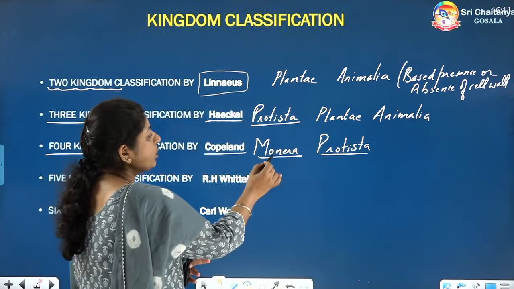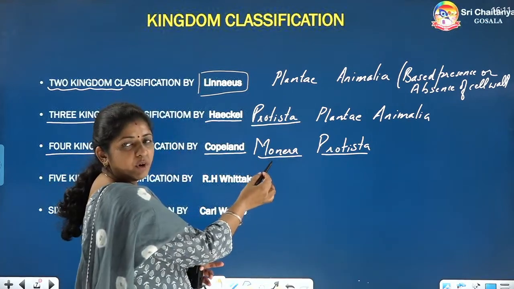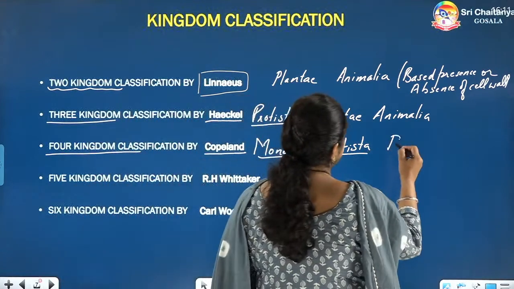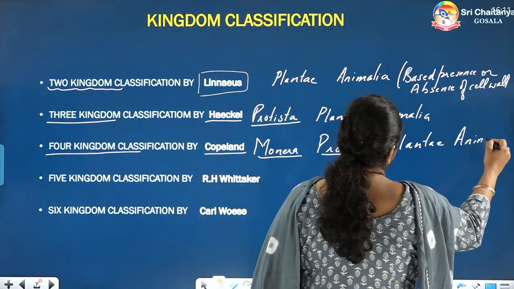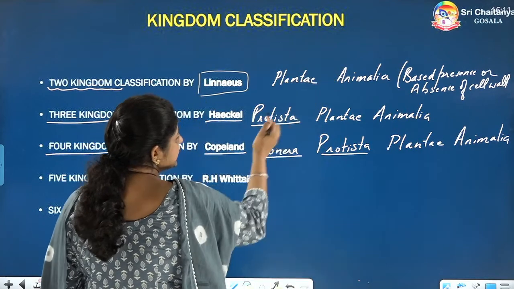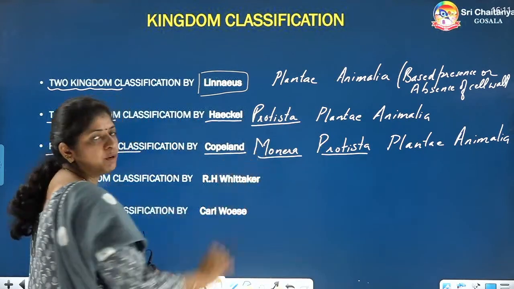I repeat, Monera is unicellular, protista unicellular, but this is containing prokaryotes, but this is containing eukaryotes. Then further Plantae and Animalia are as such, right? So can I say from the two kingdom classification, we are separating protista, then we separated the prokaryotes under the kingdom Monera.